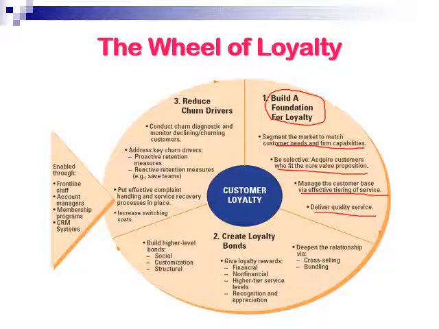Step 2, we discussed creating customer loyalty bonds. Create the loyalty bonds. How to deepen the relationship with the customers. Cross-selling, upselling, bundling. It's a good way to bond the customers together.